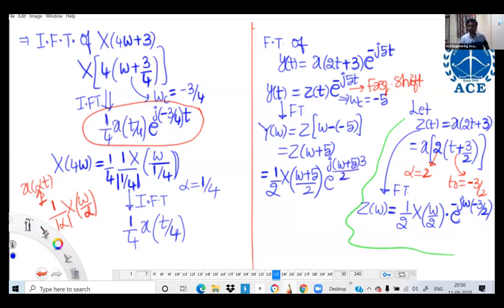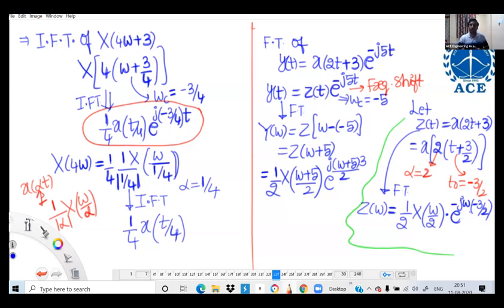Time scaling is there, time shifting is there, finally frequency shifting. Separately for convenience, I assumed x of 2t plus 3 as z of t, which includes both scaling and shifting. First, x of 2t means what is the spectrum? 1 by alpha x of omega by alpha, because of time shifting e power minus j omega t naught multiplier. Finally modulation, wherever omega is there, omega plus 5.